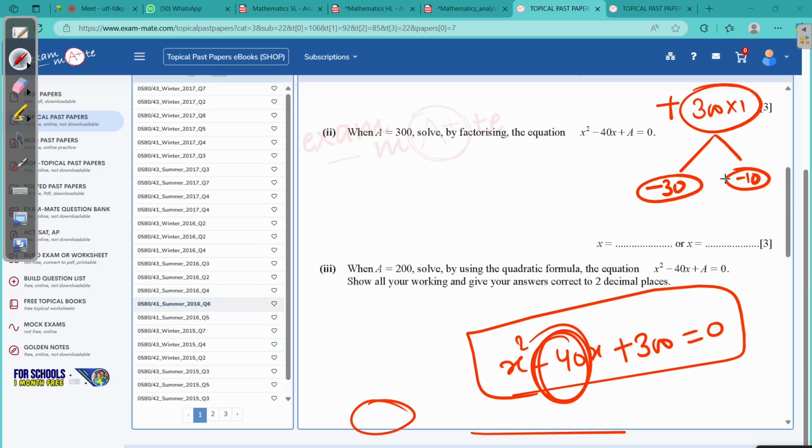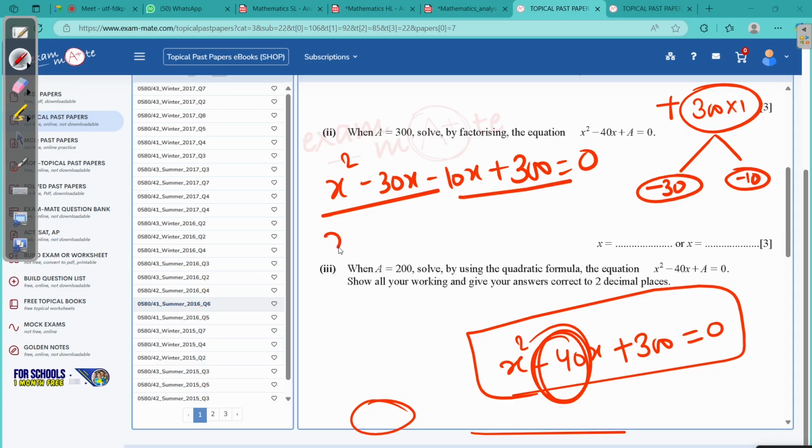So now please solve this equation. You can rewrite it as x squared minus 30x minus 10x plus 300 is equal to 0. Obviously. And now you can split it into two halves and factorize each one.